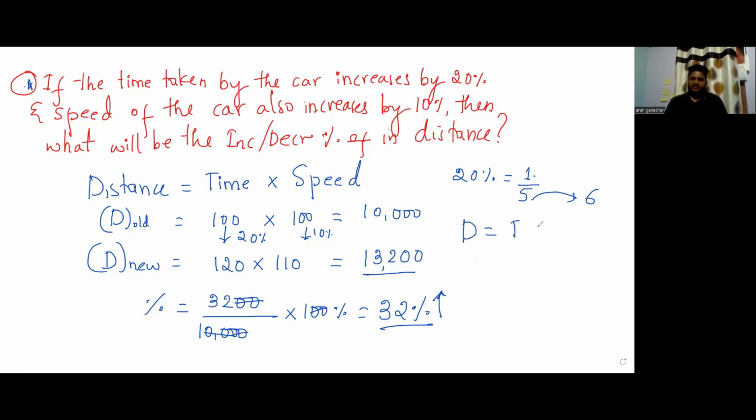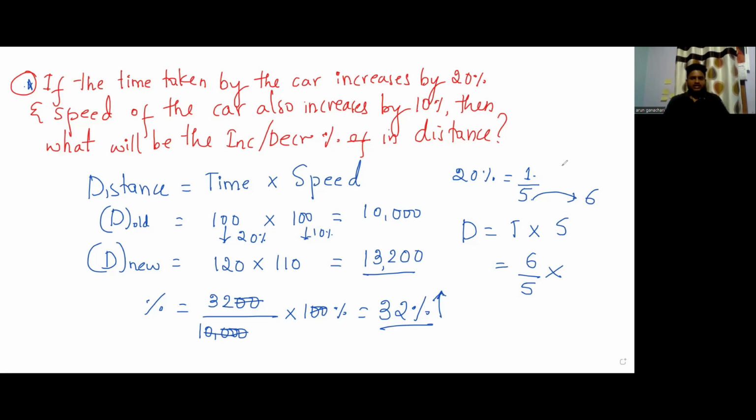Distance can be written as time into speed. Time increased by 20%, which is 1 by 5, so 5 is becoming 6. The new fraction is 6 by 5.